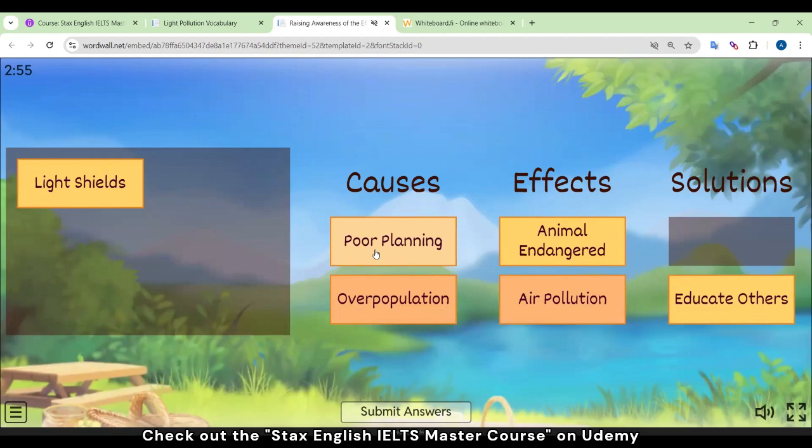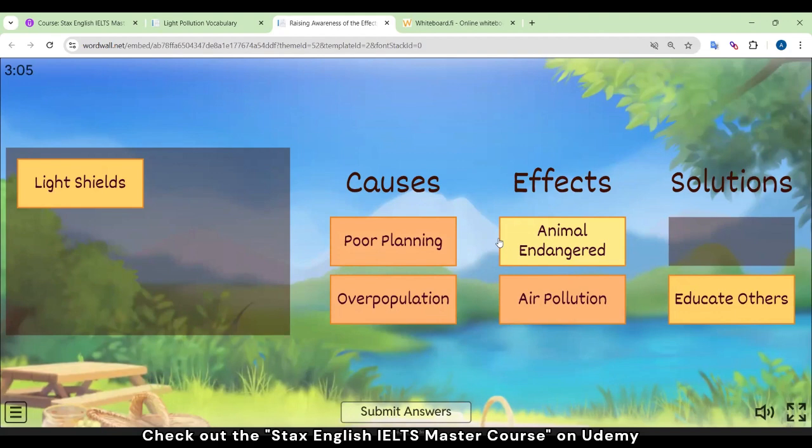So when we talk about poor planning, we mean that when people built the city, they didn't think about where the light would need to be or what effect it could have on animals.